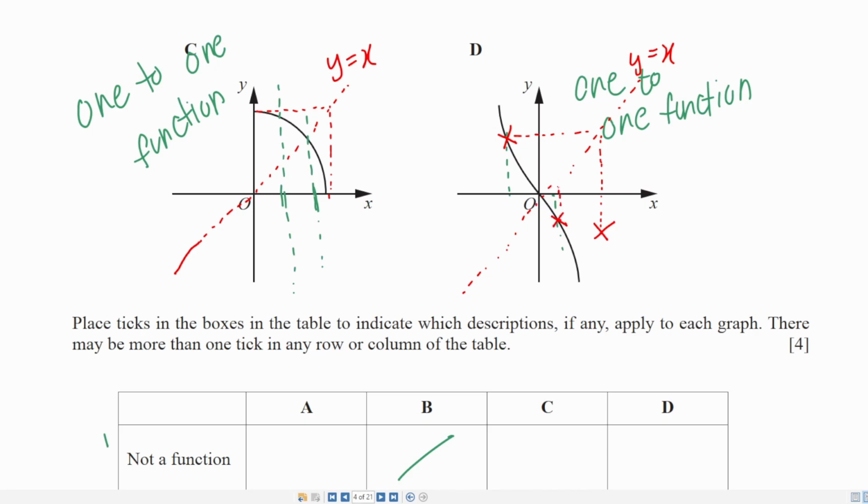Let's say we take this point. And the line actually ends up here. So your inverse graph may actually end up looking something like this. Let me draw this. Oh, my bad. Your inverse graph may actually end up looking something like this.